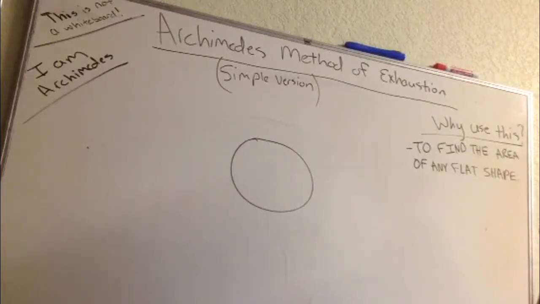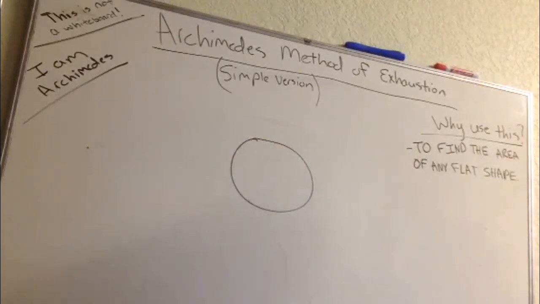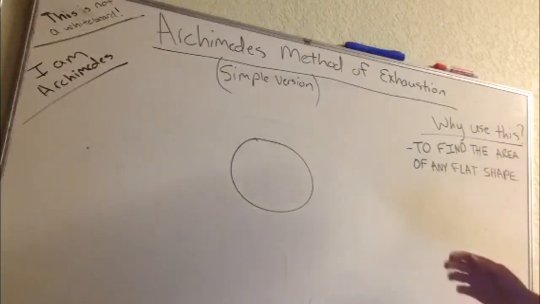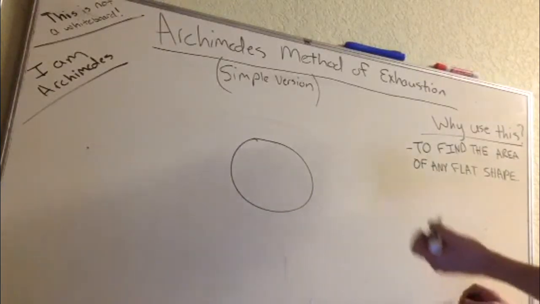So what I am going to do is circumscribe a polygon around it. Now, a polygon, you should know, is a figure with straight lines, such as a square, octagon, etc. So let's do a square.